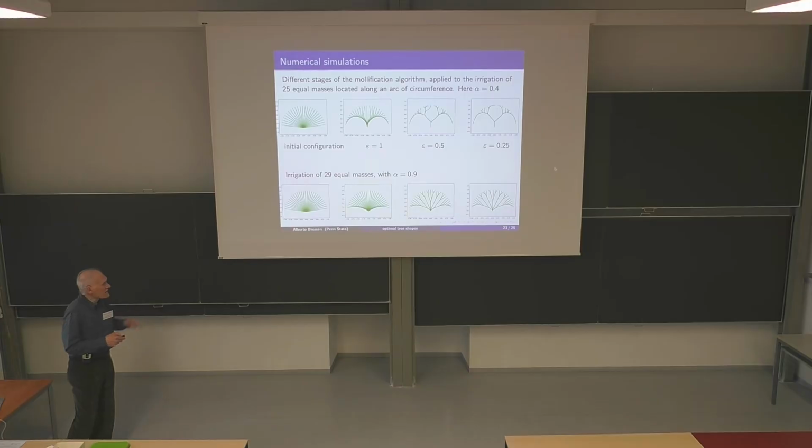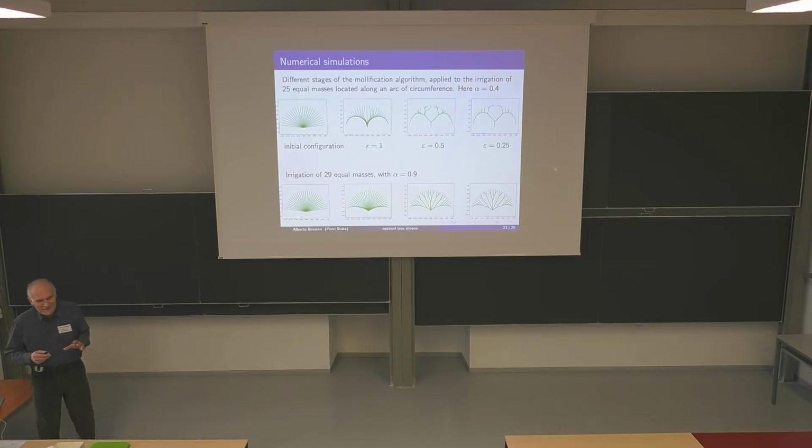Okay, last slide. These ones are simulations where I already am prescribing the measure to irrigate. So I'm starting with a measure that concentrates a finite number of equal masses over this circumference. If you want to optimize the shape of a tree, for example, then even the measure is something that you have to determine, right?